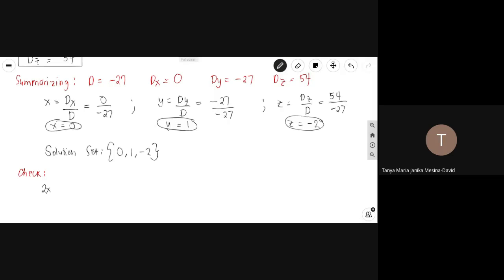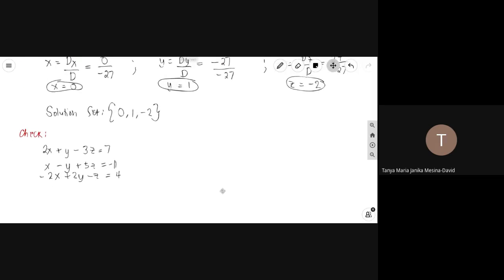We have 2x plus y minus 3z equals 7. x minus y plus 5z equals negative 11. And negative 2x plus 2y minus z equals 4. So let's check if x is 0, y is 1, and z equals negative 2 satisfy each equation.